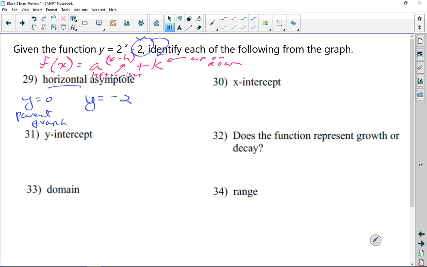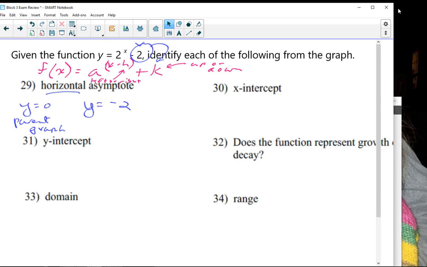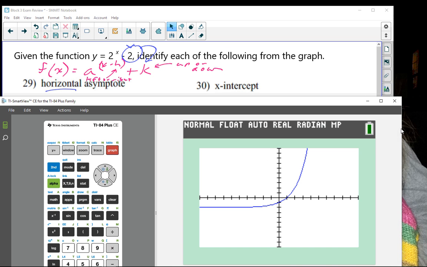How do I find the x-intercept? Just go to your calculator, right? So where it crosses, which coordinate has to be 0?